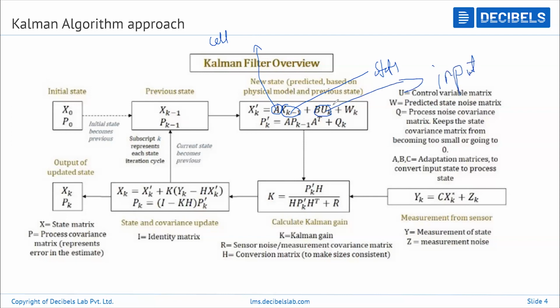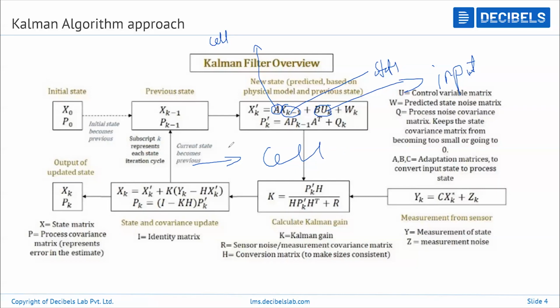So what exactly does this U, the input matrix, hold? For example, in my case, if I'm taking a cell and I influence electric current to the cell, for discharging or charging condition, it will affect the voltage of the cell, right?